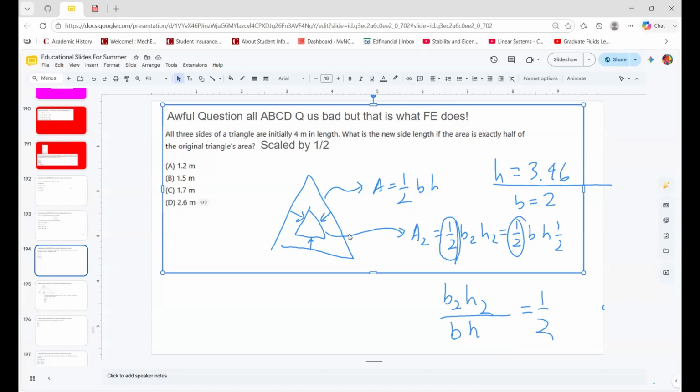No, we really don't. Hmm, think. I think I'm missing something from the question. This is still not a normal question. It says scale down, but yeah, this question is just messed up.